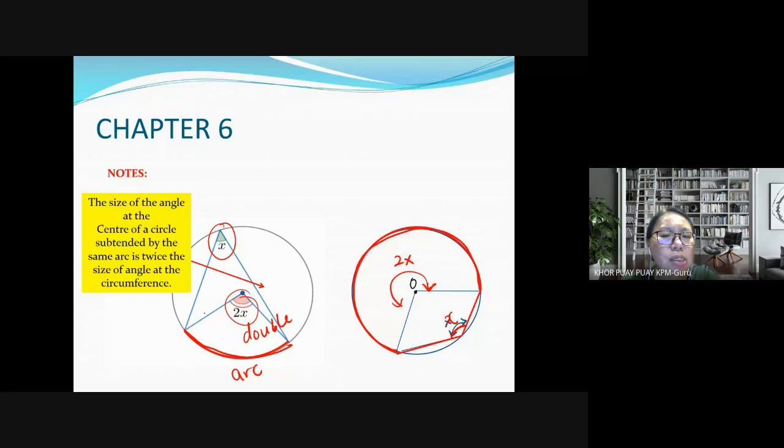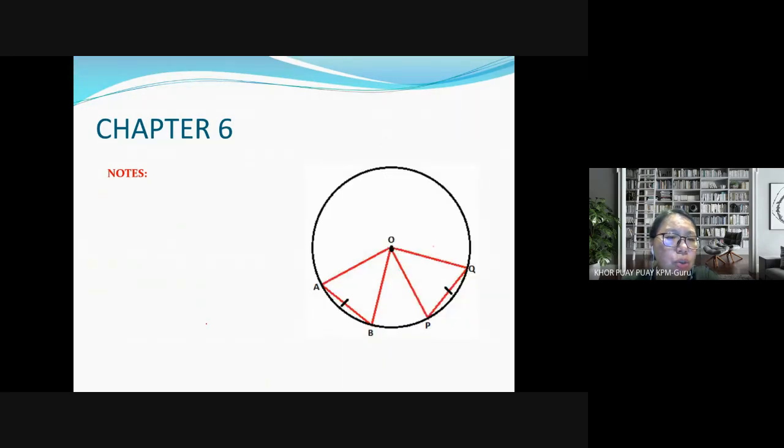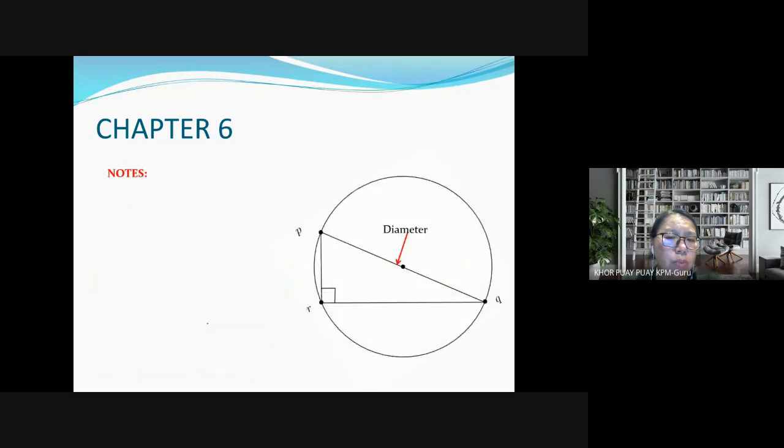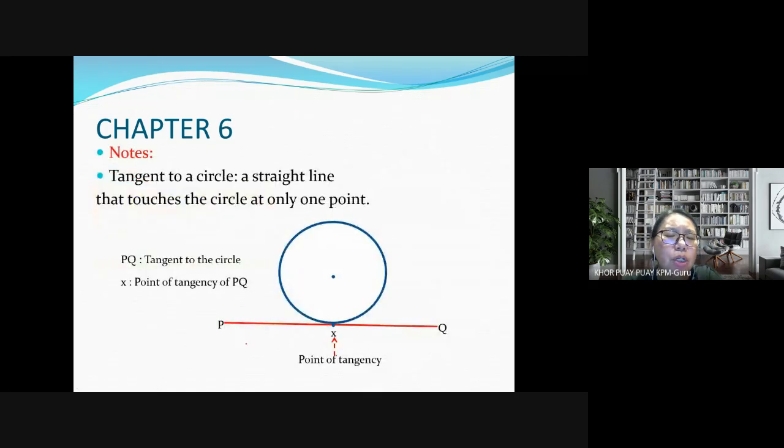Okay, next, I'm going to skip this one. If you are given a triangle, and the hypotenuse of that triangle is a diameter, then you will form a 90 degree angle here. That is 90 degrees. Okay, what else do we need to know? A line that touches your circle is called a tangent. This line is called a tangent.